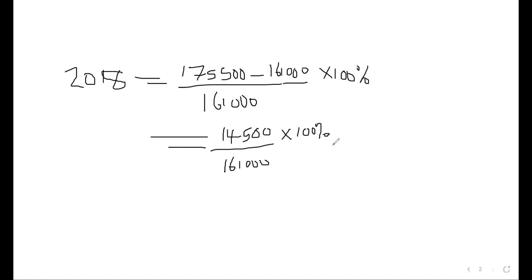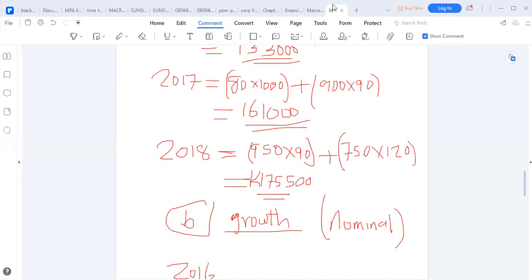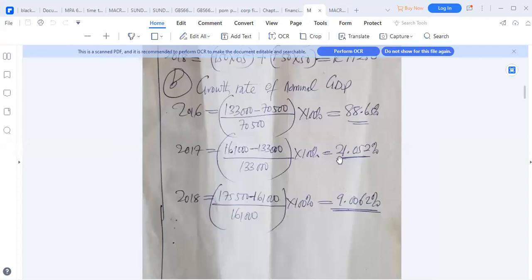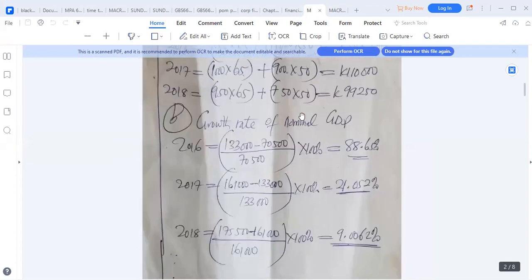So it's about 9.006%. This is what is going on as we look at this kind of problem. So the growth rates are these ones. So part B, we have that.